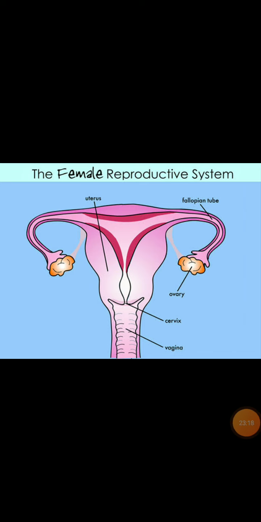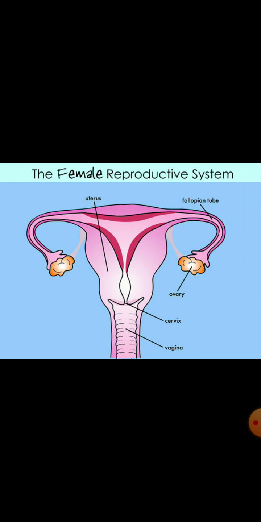What is menstruation? It is the process of bleeding through the vagina due to the breakage of the lining of the uterus. So the inner lining of the uterus, which is richly supplied by blood, slowly breaks and comes out through the vagina as blood and mucus.